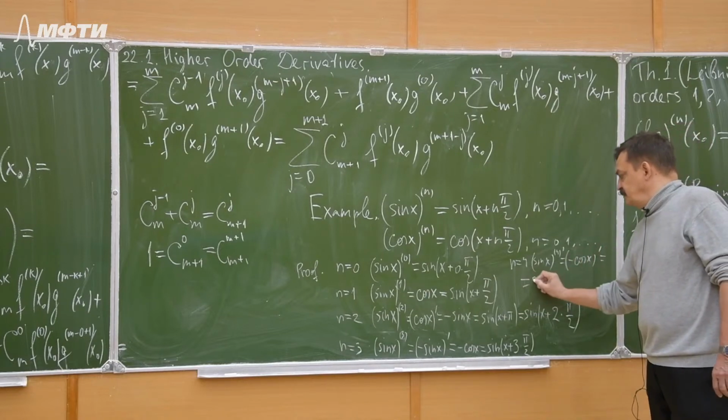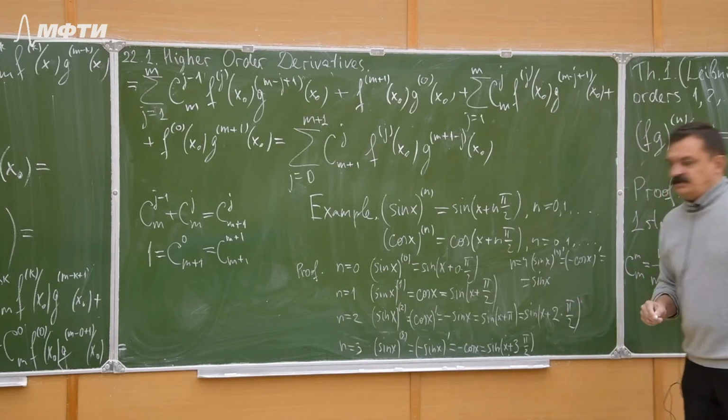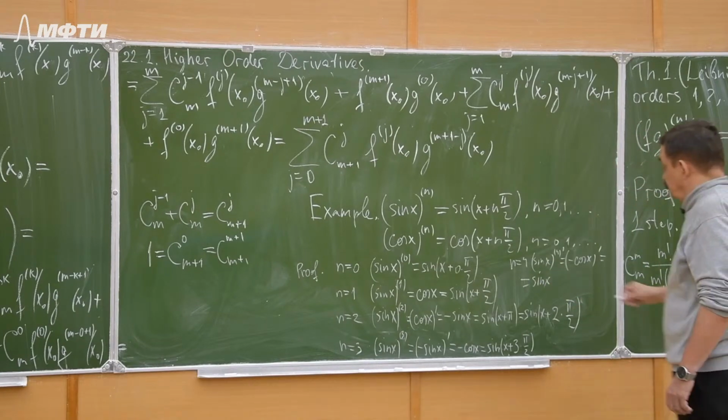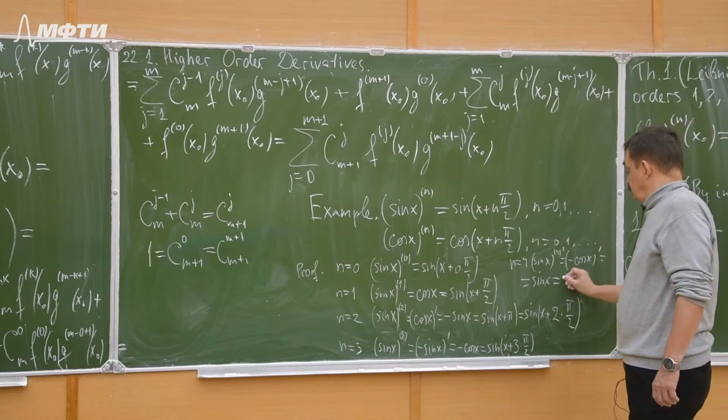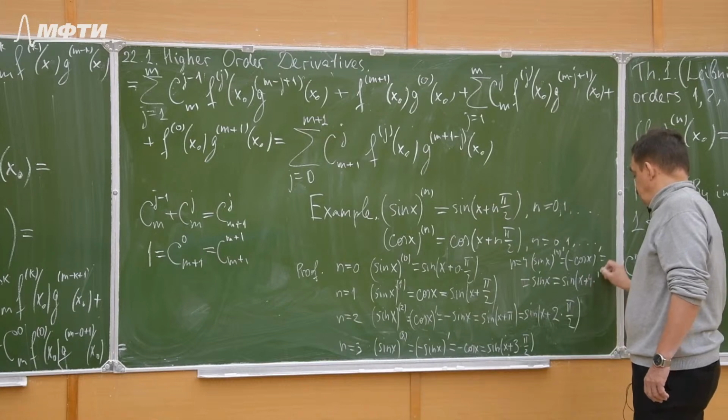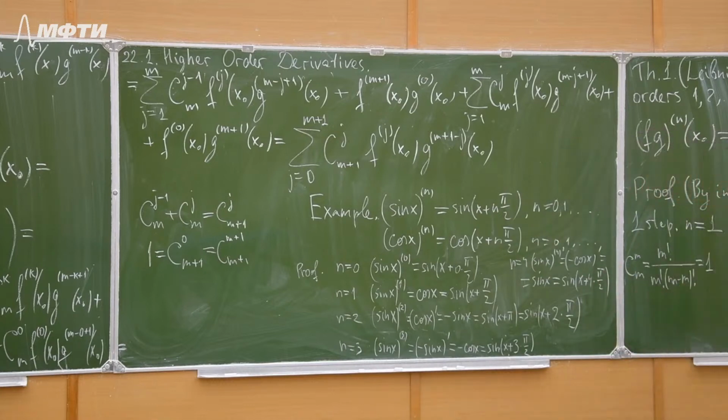It gives the function sine x itself, and you see that is precisely because of 2 pi periodicity of sine x plus 4 times pi over 2.